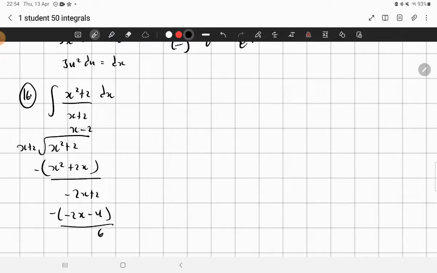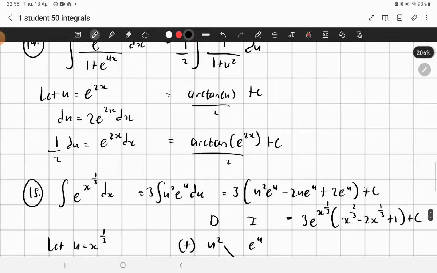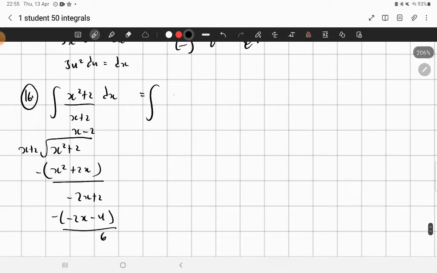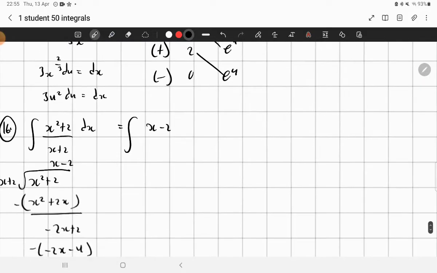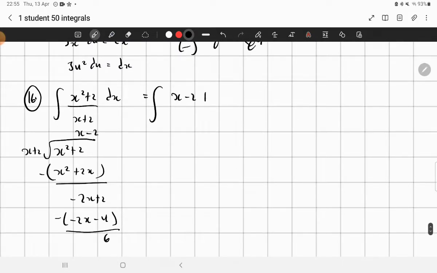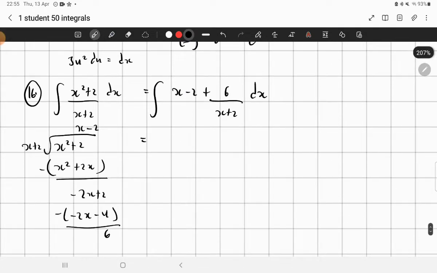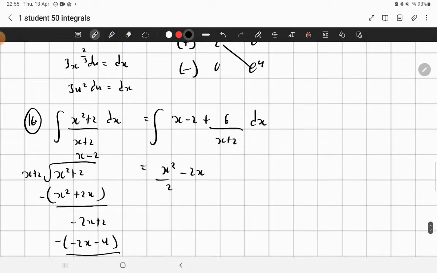So you are left with the integral of x minus 2 plus 6 over x plus 2 dx. By evaluating this integral, you have x squared over 2 minus 2x plus 6 ln of x plus 2, plus c. I believe that will be the final answer.